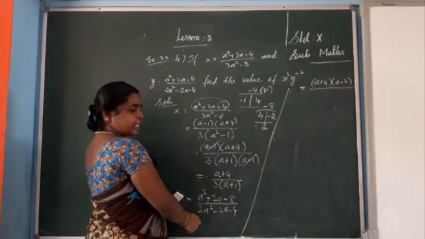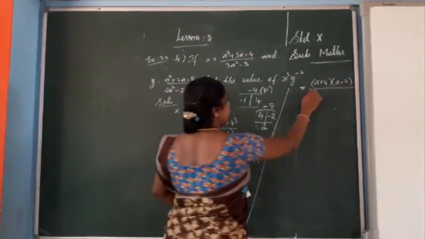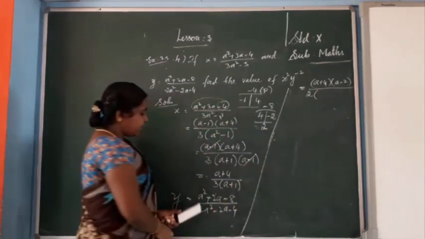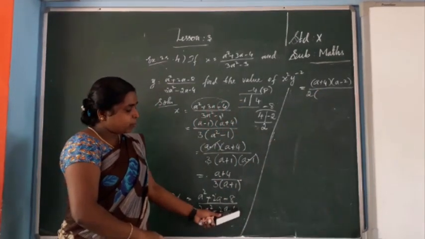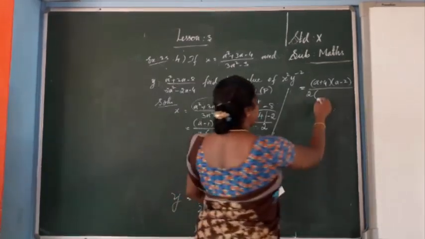In the denominator you can take 2 common, so you get a square minus a, and 4 becomes 2 because 2 2s are 4.